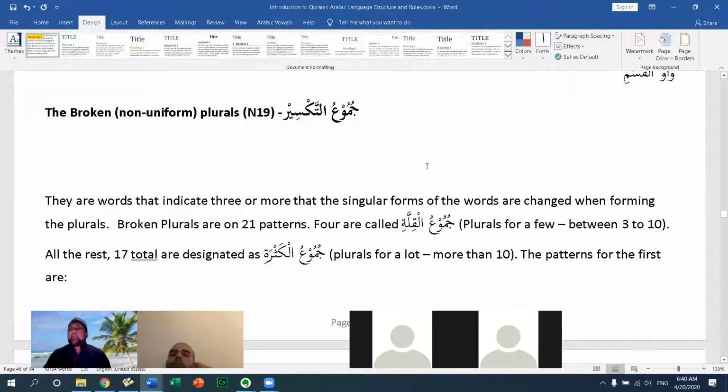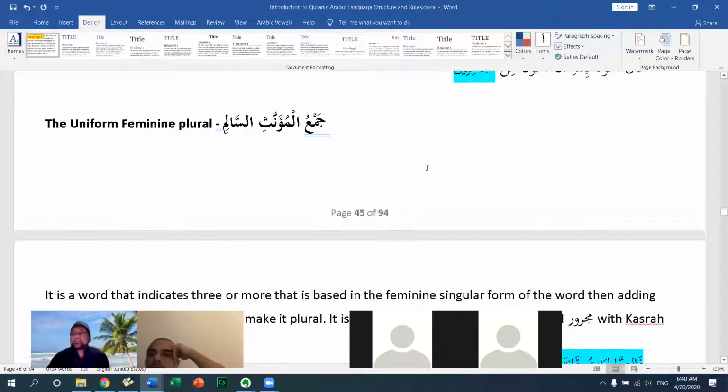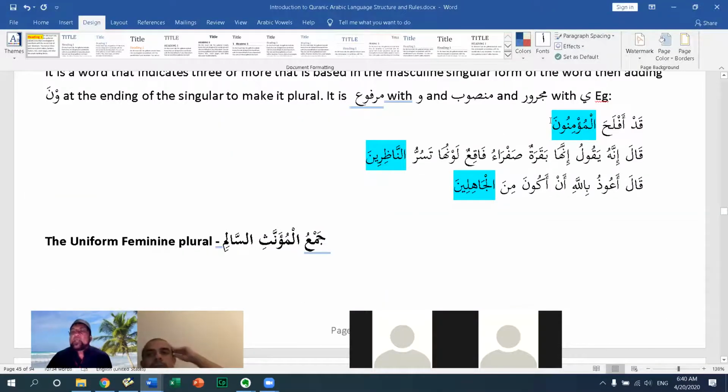So if you look at the word al-mu'minuna, you can still see the singular al-mu'minu. See that? When you form it, you still see the singular there. Are you there with me, people? Yeah, the singular form still exists.